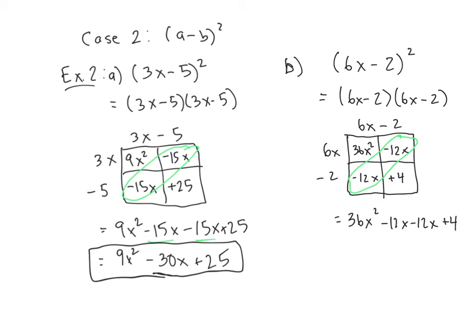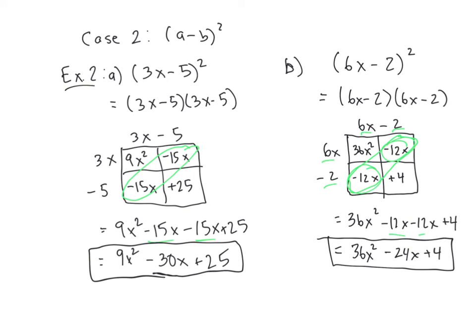And it should make sense because 6x and minus 2 and 6x and minus 2, you're going to end up with things multiplying to the same thing in those boxes. Again, I have to combine my like term. Negative 12 and negative 12 makes a minus 24x. So 36x squared minus 24x plus 4 is my answer on example 2b.